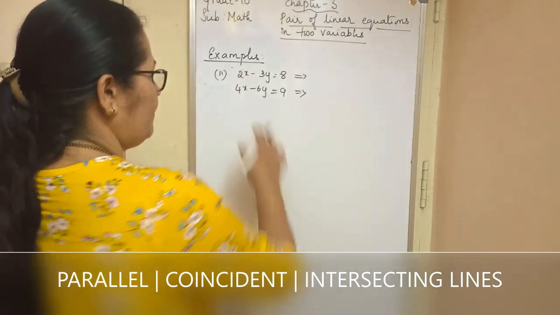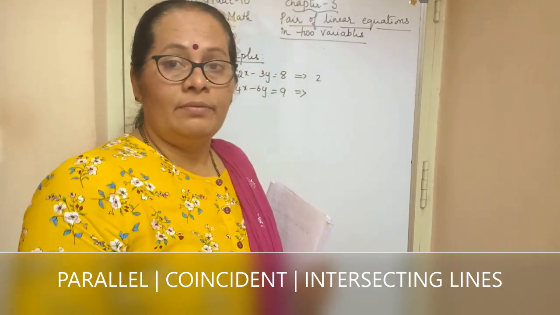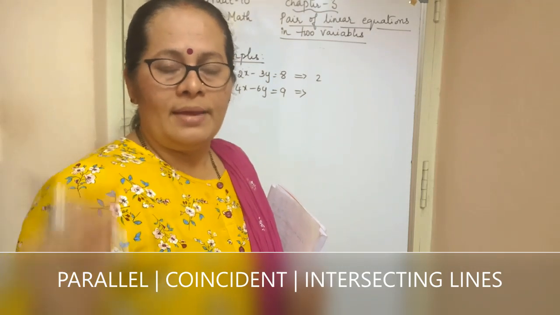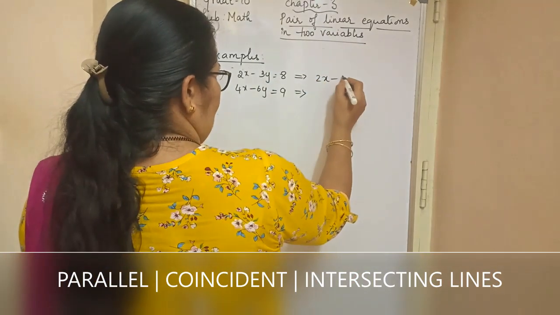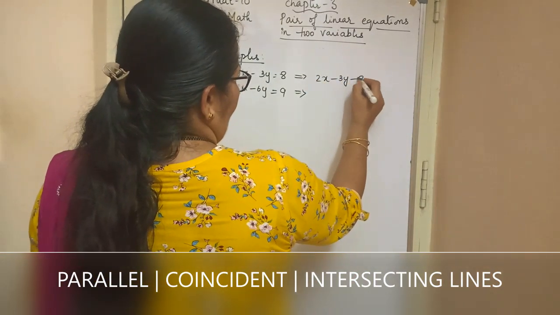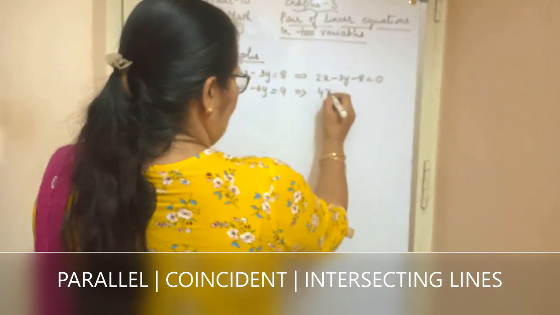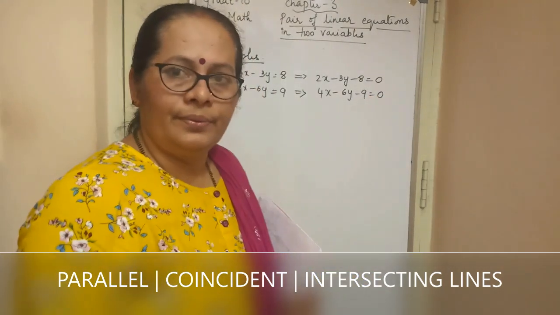What is the general form? The general form is a1x plus b1y plus c1 equals 0, a2x plus b2y plus c2 equals 0, right? So that is 2x minus 3y minus 8 equals 0, 4x minus 6y minus 9 equals 0.